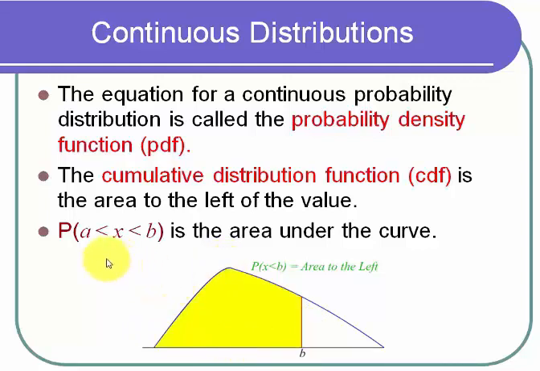On the other hand, we're going to say the probability that x is between a and b, so it's greater than a and less than b, will be the area above some value a, and below some value b, under the curve and above the x-axis. By the way, if you wanted the probability that x was greater than b, that would be this white area, or the area to the right of the value b, below the curve and above the x-axis.